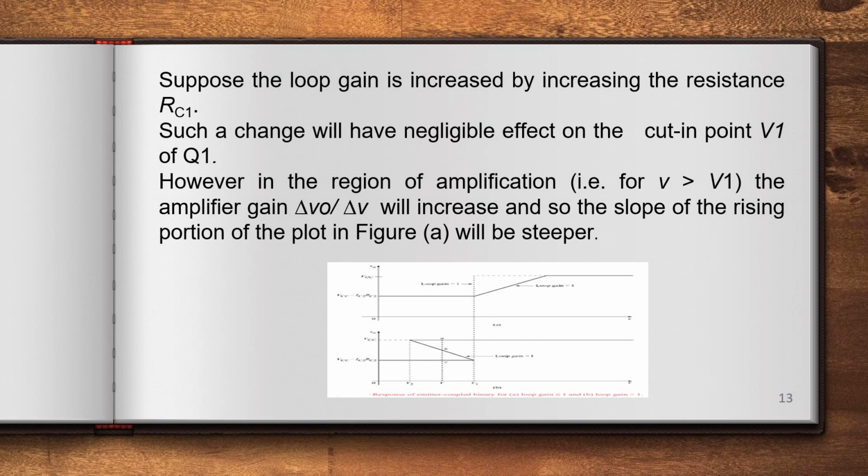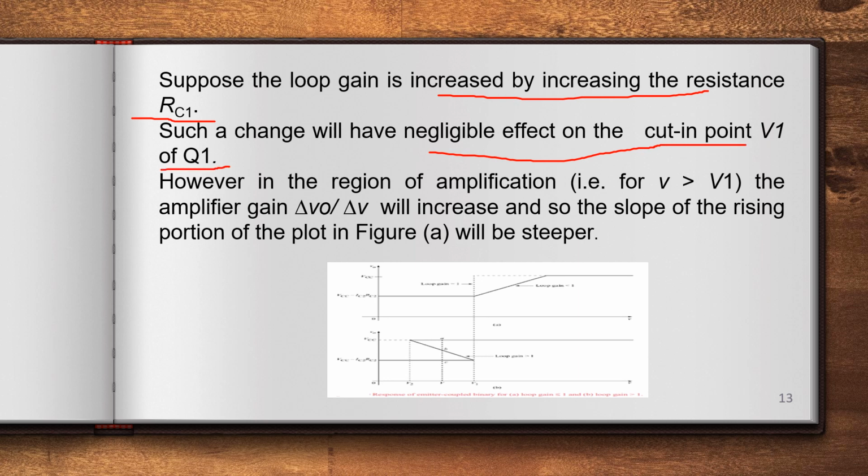Suppose we increase the loop gain by increasing the value of resistance RC1. Such a change will have negligible effect on the cut-in point V1 of Q1.